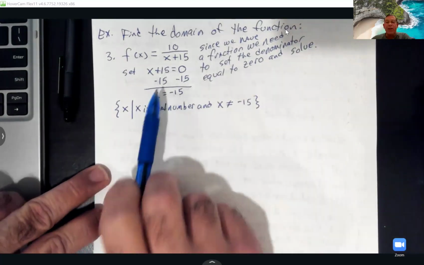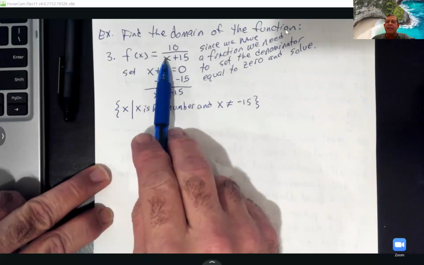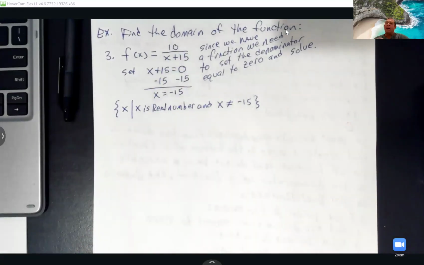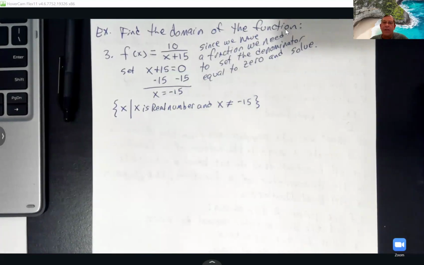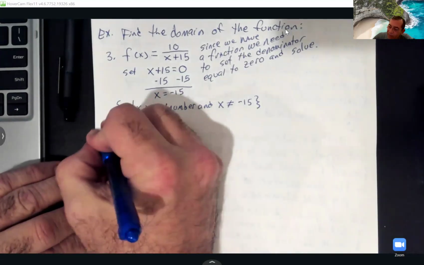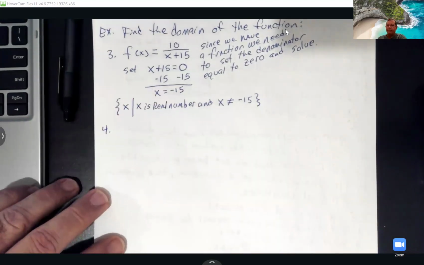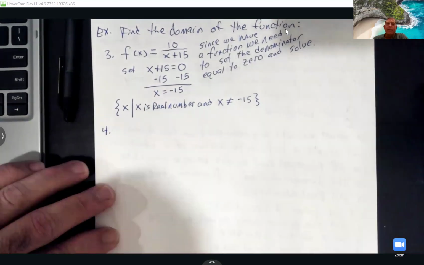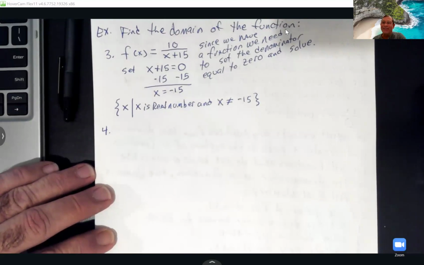All right, y'all, but I can put any other number into that x, and it will give me a real number. It might be a decimal, might be a fraction, but I'll get a real number for any other thing I put into that, okay? All right, so y'all with me on these?